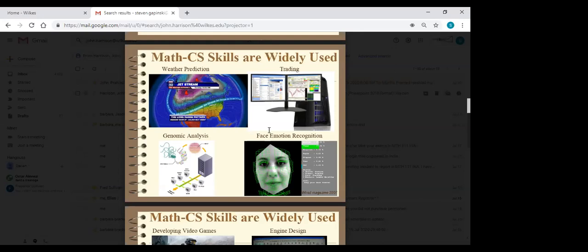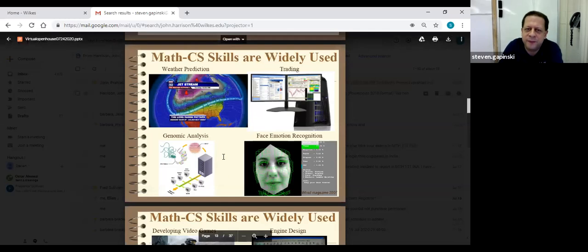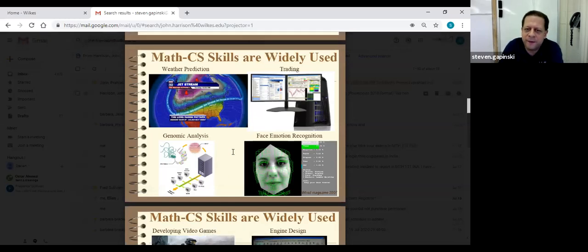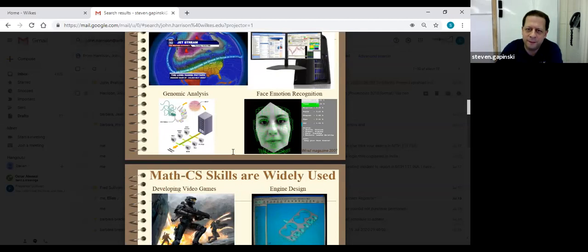And I don't think a lot of people would have thought that would be the case even 10 years ago, or 20 years ago for sure, where you get that advanced that quickly. All of this is very important now and will continue to be very important in the future to offer opportunities for people with a math and CS background to find employment.